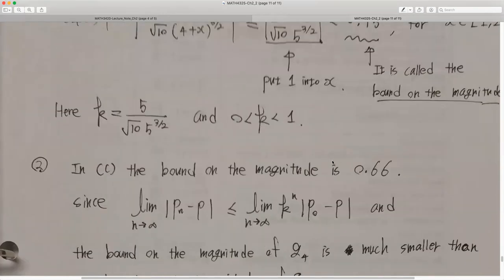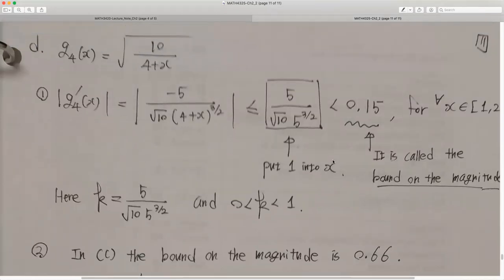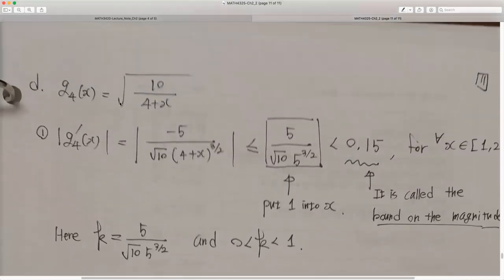That's why it works out. Also, you can check whether G maps the closed interval 1, 2 to 1, 2, and I believe that it does. So G maps the closed interval 1, 2 into itself, and G prime is bounded by 0.15. Yes, so it works, but it takes 15 iterations.